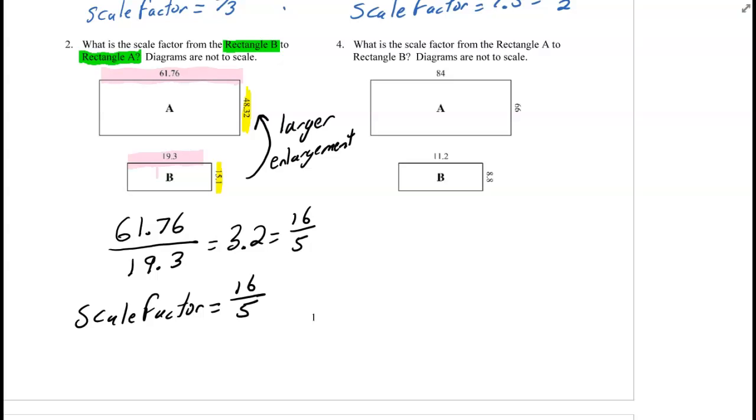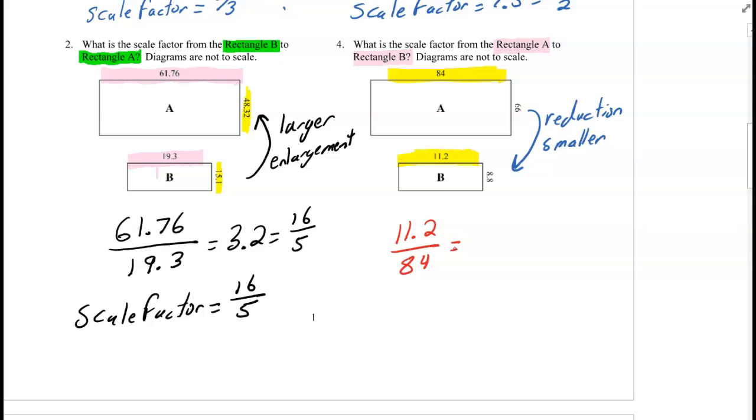In problem number 4, we want to go from rectangle A to rectangle B. So from A to B, this is a reduction, meaning it's getting smaller. So I want the smaller number in the numerator. So I'm going to say 11.2 divide by 84.